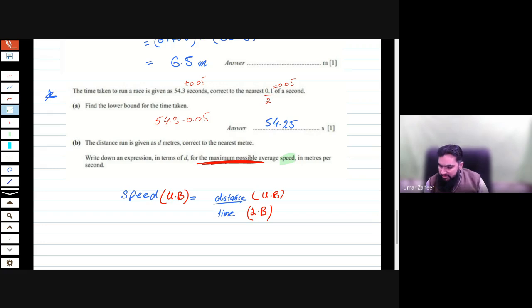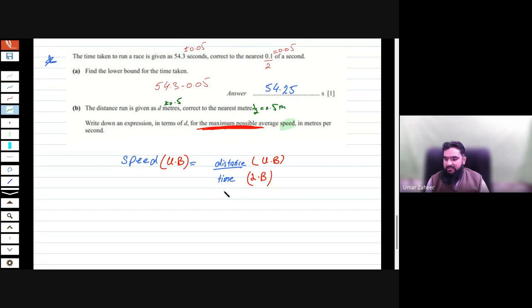Okay, now look here. The d is in meters, to the nearest 1 meter. So 1 divided by 2 will be 0.5 meters, so plus minus 0.5. Obviously, we don't have the exact value of d. So that will be equal to the distance upper bound. What is the upper bound of the distance, Rabia?